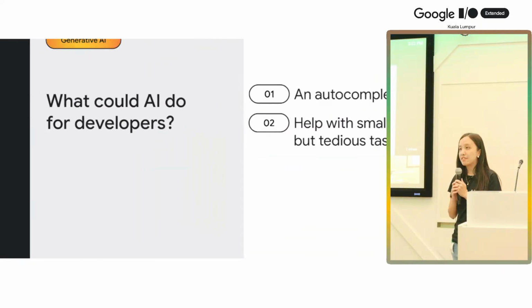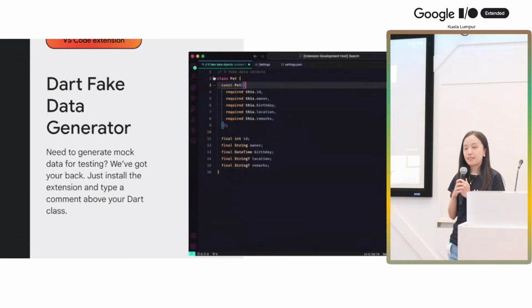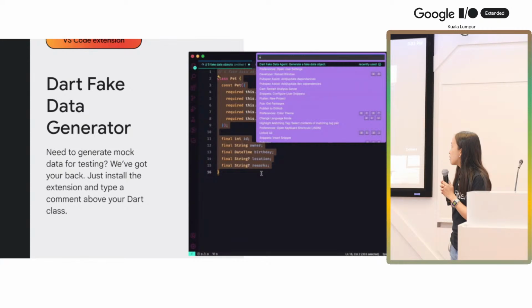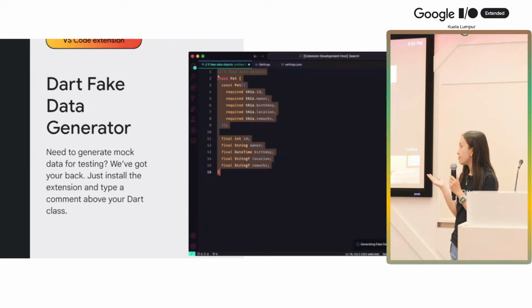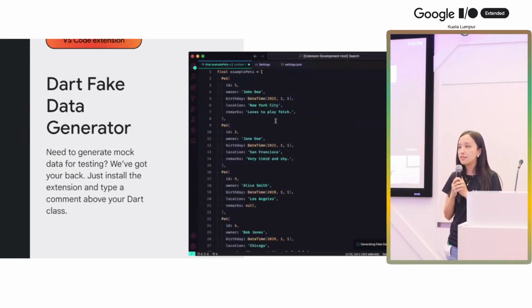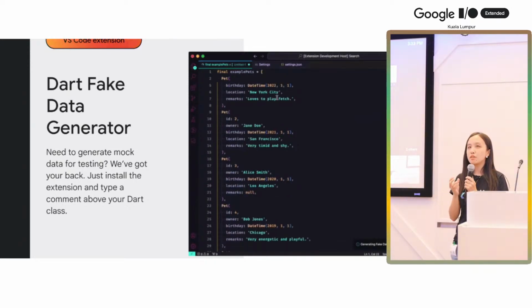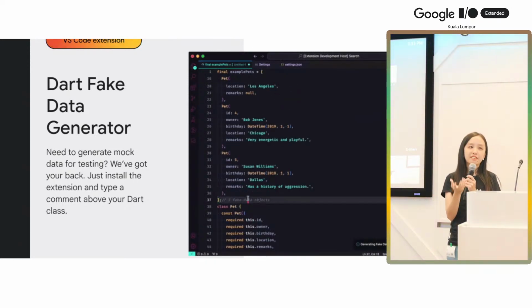Second is to help us with small-scope but tedious tasks. For example, the Dart fake data generator that Janice showed in the morning. It's a VS Code extension where, let's say you have a class definition in Dart and you want to generate some mock data, but you want the mock data to also sound realistic.